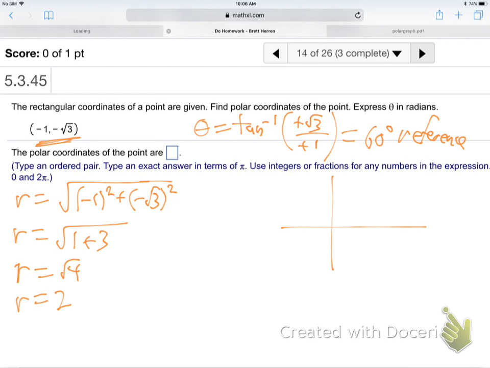Look at the original coordinates. Back 1, down root 3. Wouldn't it be in the third quadrant? Back 1, down root 3, so that's a third quadrant angle.